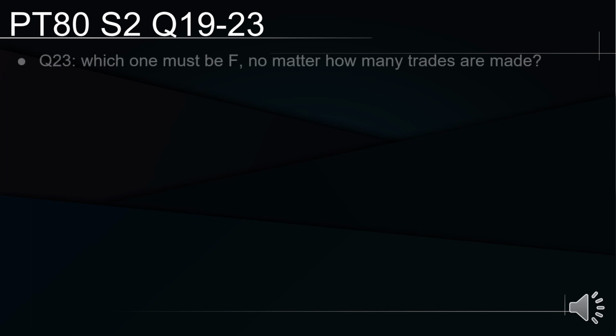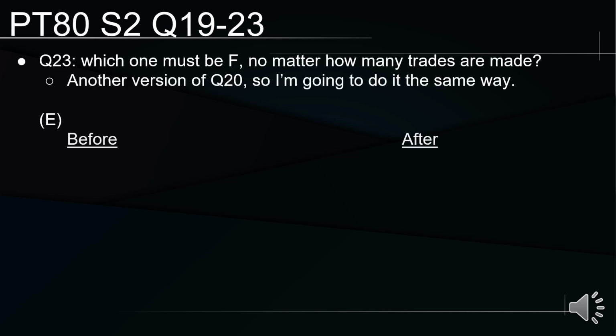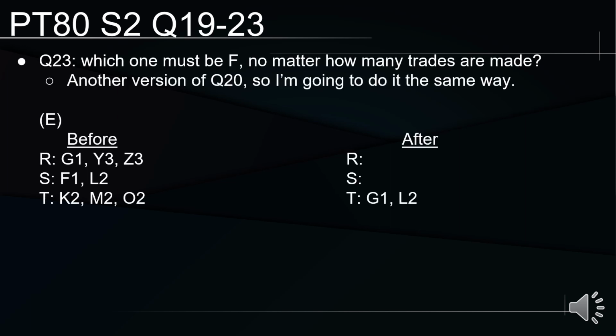So looking at E here, the after suggested by E is that after all is said and done, T ends up with property G and property L. And this one I'm going to eliminate because it's a lot like A through C. It seems feasible in a small number of trades.